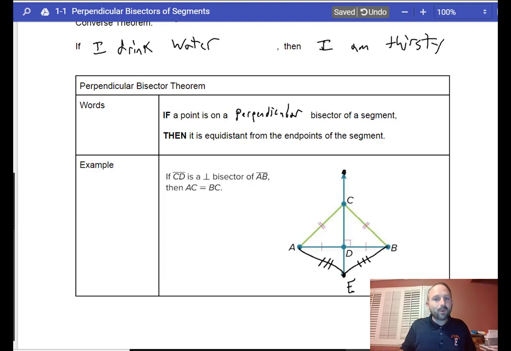Then any point along this line will be equal to A and to B. You could tell that when we were drawing circles, because the definition of a circle is everything along the edge of the circle is equidistant from the center. Okay, let's go on.